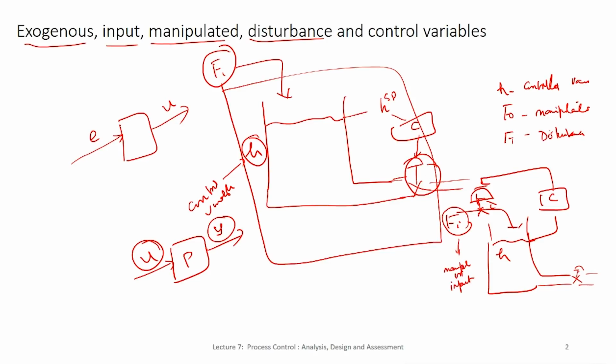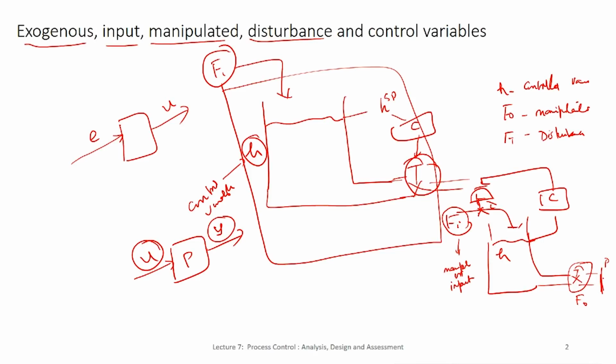In this case, because this is at a fixed position here, there is no manipulation of this. However, depending on what is the pressure at this side of the system, which is downstream, even for a fixed position, this F naught can keep changing because the flow rate across this valve depends not only on the resistance but also the delta P across the valve.